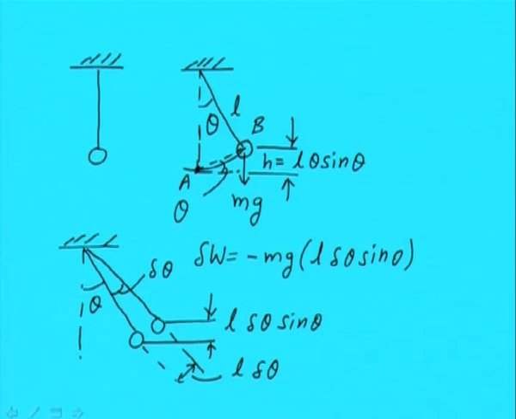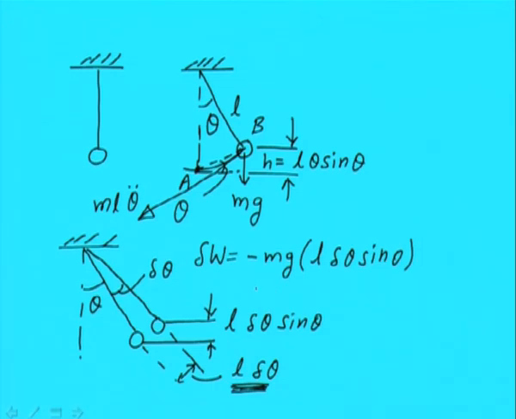Another term is, because this particular ball is having a rotational motion, so we have another component of the force that is tangential to the path here, that is tangent to the path at B, and that is m L theta double dot. So this is the tangential direction force, and we know how much displacement we are giving when we are giving the virtual displacement.